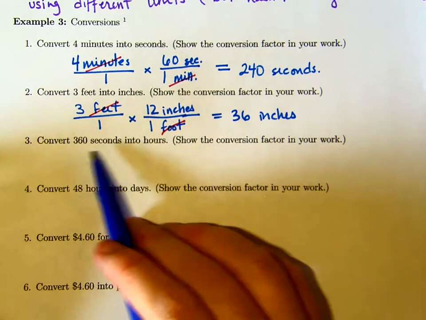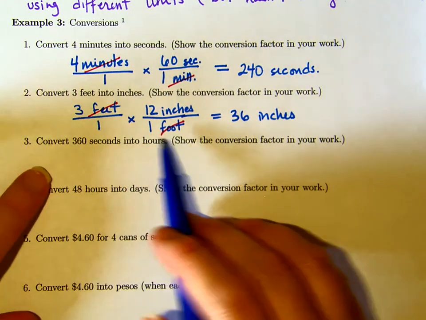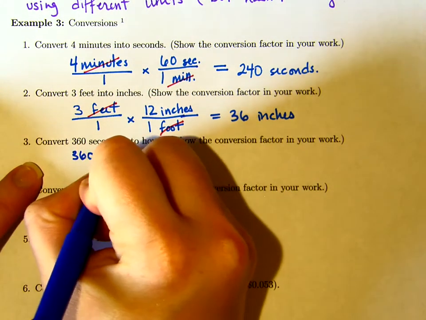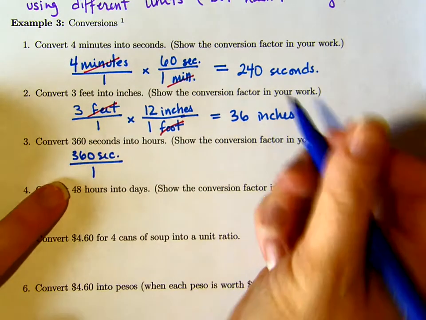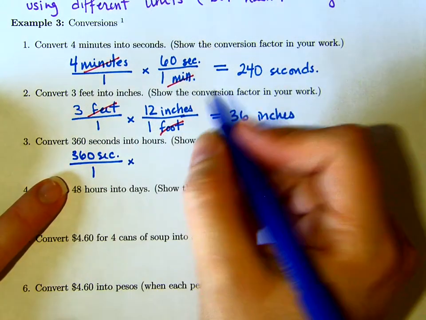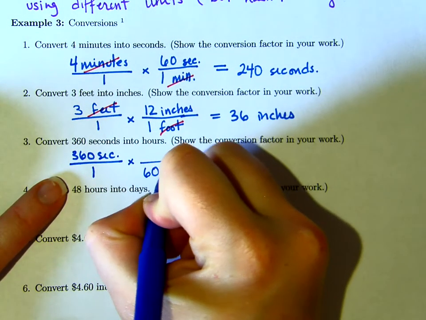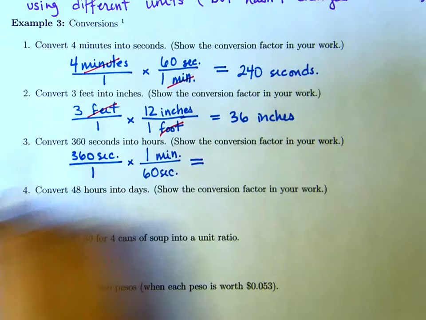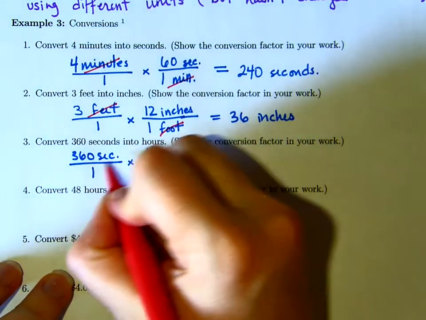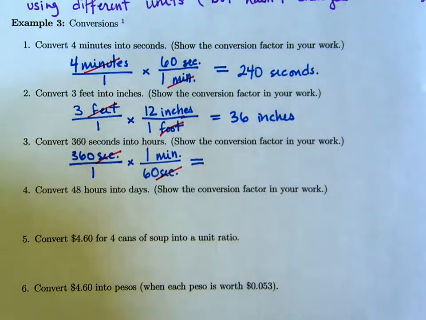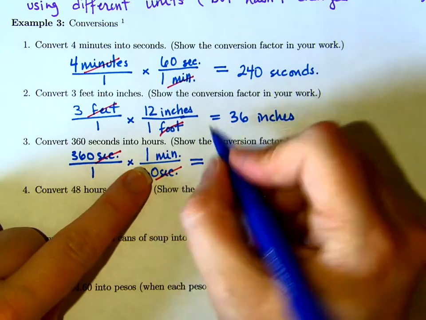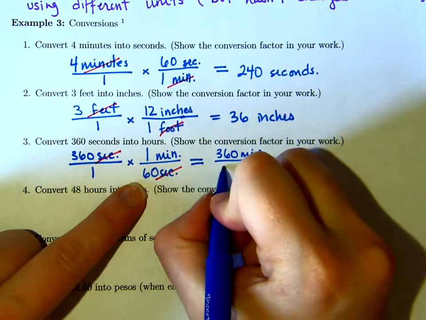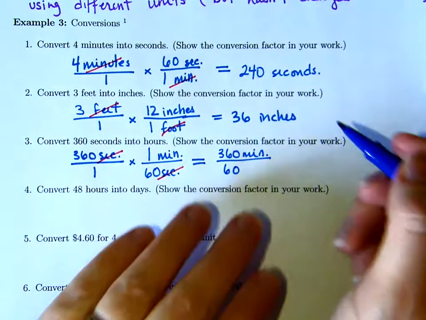Got it. 360 seconds into hours. Ooh. So 360 seconds is my whole, and there are 60 seconds for each 1 minute. So 360 times 1 is 360, divided by 60.